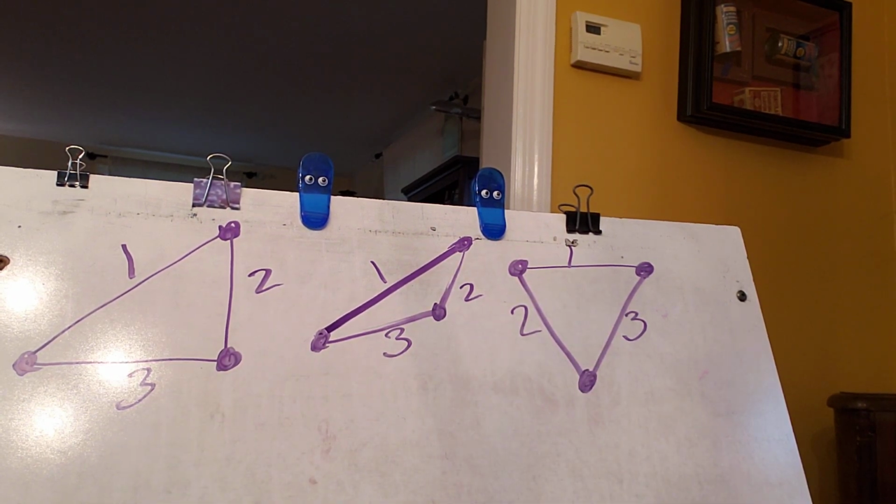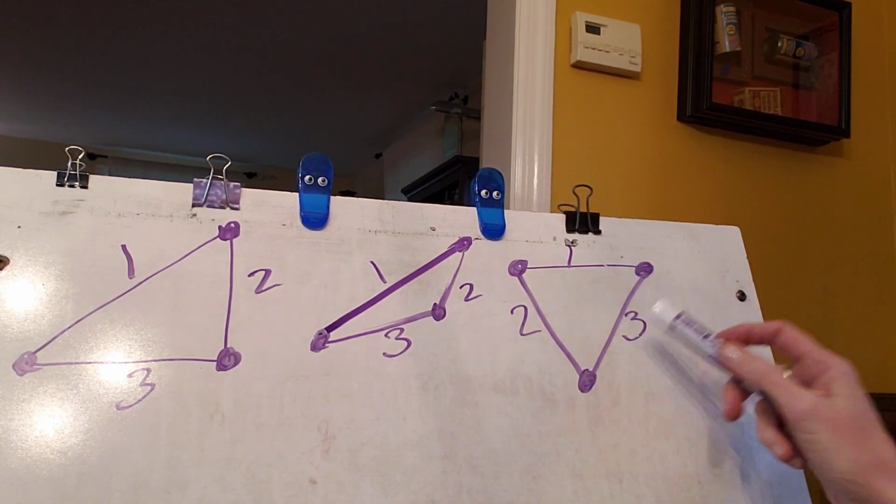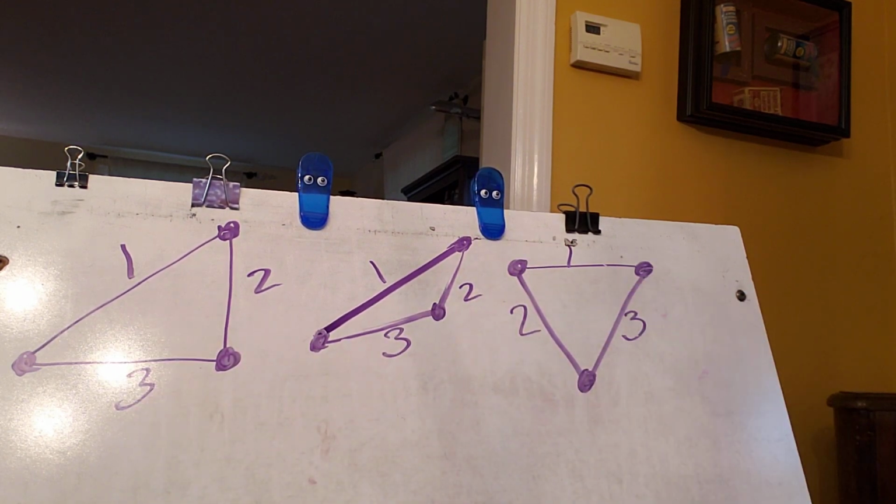As long as it has 3 sides and 3 corners, it is a triangle, okay? That's important to know because sometimes they're going to make triangles different sizes to try and trick you. But the rule is if it has 3 sides and 3 corners, then it is a triangle.